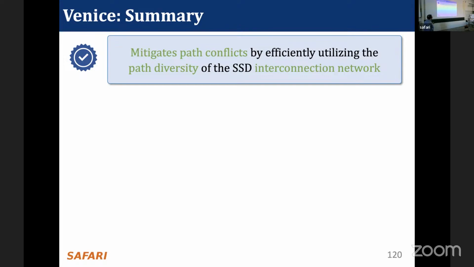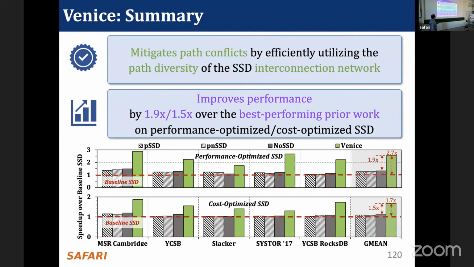So Venice mitigates path conflicts by efficiently utilizing the path diversity of the SSD interconnection network, and improves performance by 1.9 times and 1.5 times over the best performing prior performance-optimized and cost-optimized SSD.